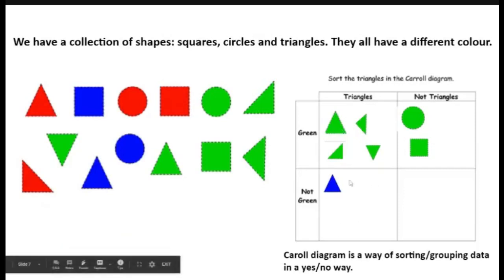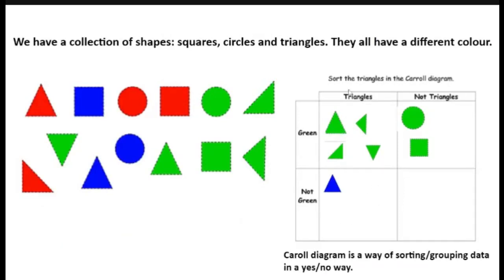Now, here in this field, we can put triangles, but they are not green. So every color, blue or red, but not green, and only triangles. So let's look. We have one blue triangle here. It's okay.